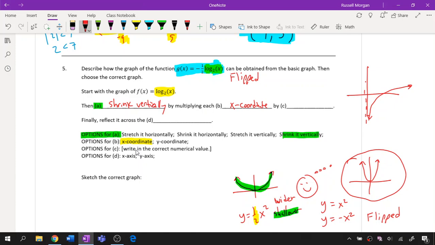By what number? We're supposed to write in a numerical value. Oh, it's multiplying it by 1/2. It's making it half as much, and that will become the y value. Same thing up here. I know I'm pointing to the parabola one because it's easier to look at. We're going to take whatever the log is, and we're going to multiply that value. Actually, you know what? We need to redo this.